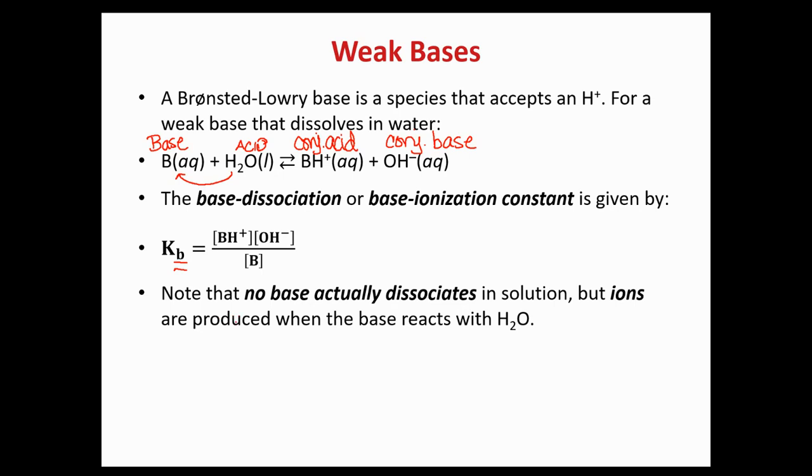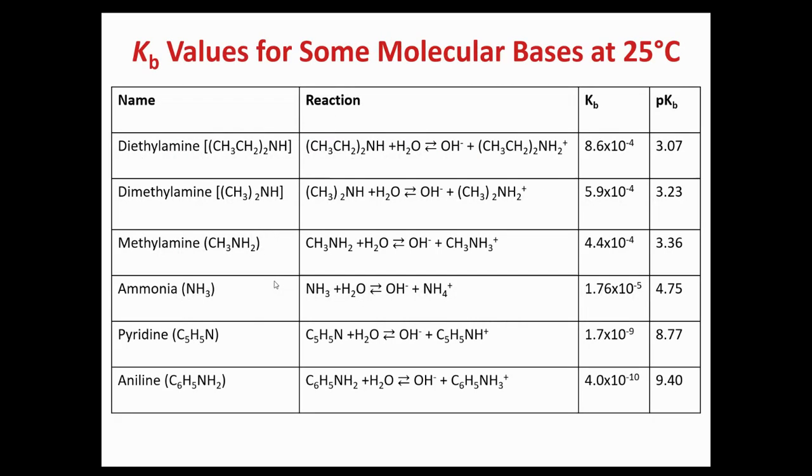Let's take a look at how the calculations are going to be. They're going to be similar. Before we do that, let's look at this family of bases. Here's our ammonia, NH3.